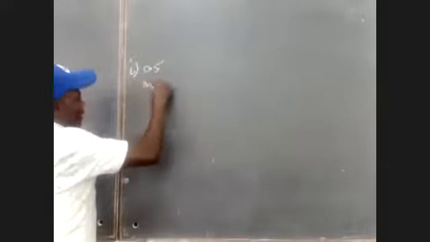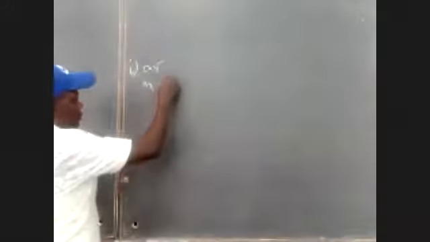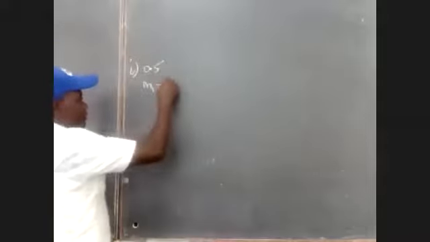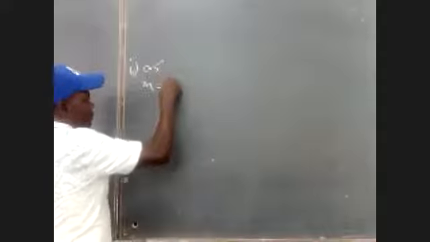So what is the gradient here? 0.5. Okay. So what is M1? M1 is 0.5. Then you change it to a fraction, which would be 5 out of 10.